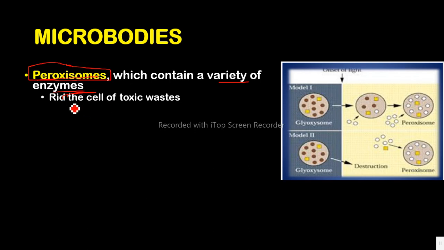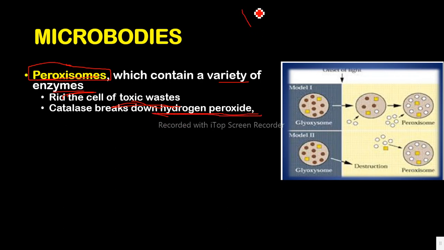They allow a cell to get rid of toxic substances that are produced within a cell, and in this case, we have an example, hydrogen peroxide. It is hydrogen with 2 oxygens.